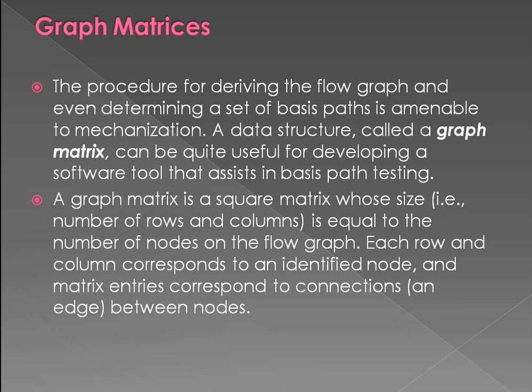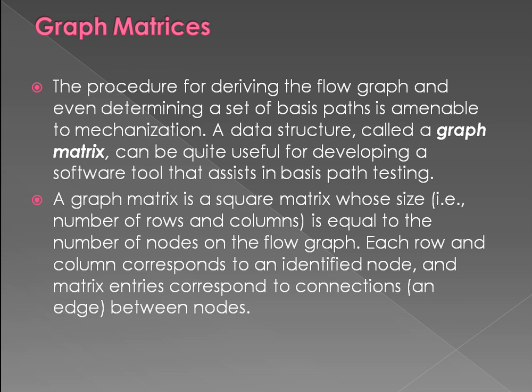As we all know, in the testing part we are applying white box testing. In white box testing we are using basic path testing. To determine basic paths in a well defined manner, we need to follow a lot of procedures. Among those procedures, graph matrices is one of the familiar ones used by a lot of testers.